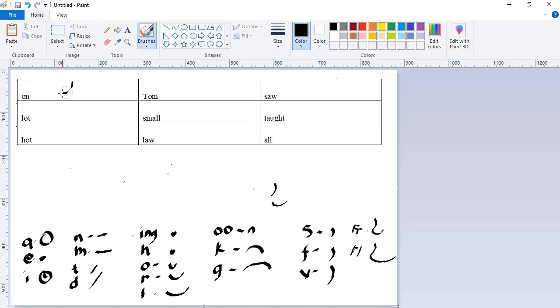We have O and N. On. Ulit. O and N. On. And then we have lot. We have L-O-T. Lot. Hot. We have O-T and then yung ating H.